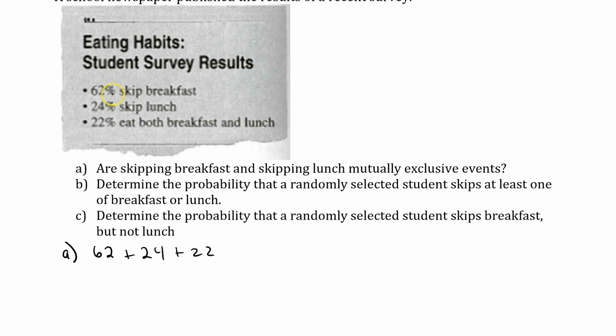Since this is given in percents, we're looking for a final answer that's 100. If it's 100, we know that it's mutually exclusive. But if it's not, then we know that it is not mutually exclusive. That means that there is some overlap. So 62 plus 24 plus 22 is 108. So that means that 8% gets double counted.